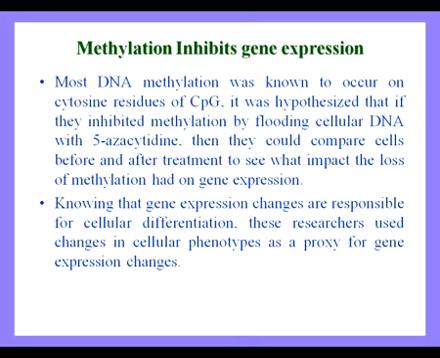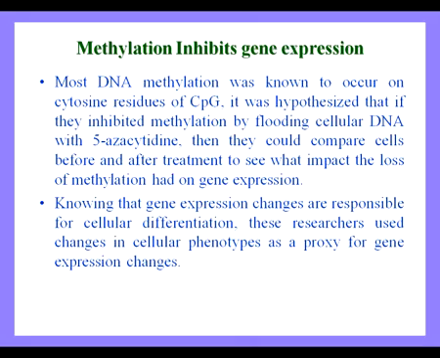The premise of their experiment was that if they inhibited methylation by flooding cellular DNA with 5-azacytidine, which is an analog, then they could compare cells before and after treatment to see what impact the loss of methylation had on gene expression.